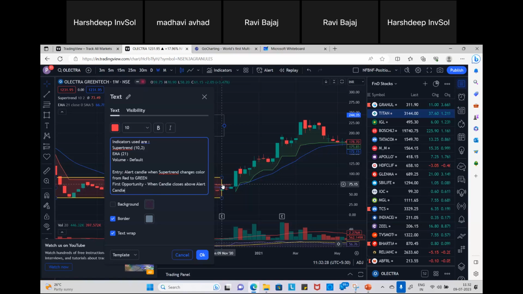Yes. Second opportunity is when the prices retest the alert candle. Is this clear?